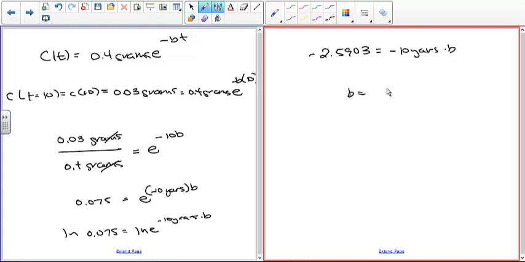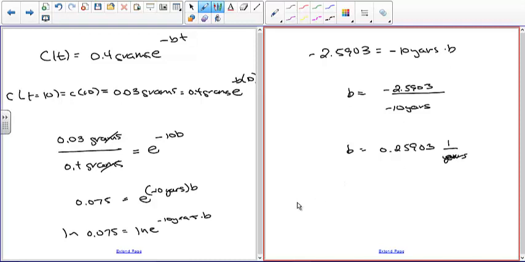So b is equal to negative 2.5903 divided by negative 10 years. So b is equal to 0.25903 1 over years. So that when you multiply b times t, you get the units cancel out.